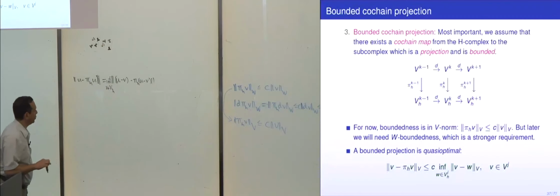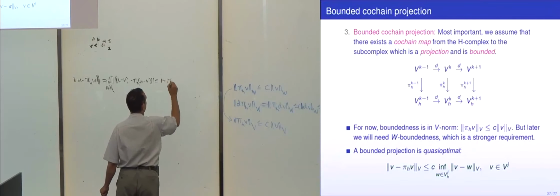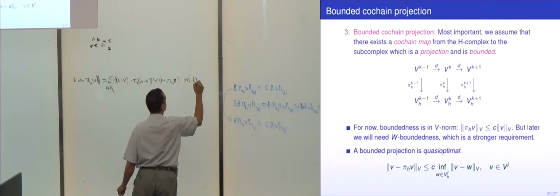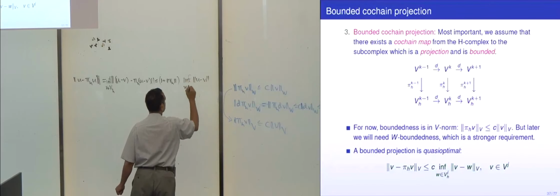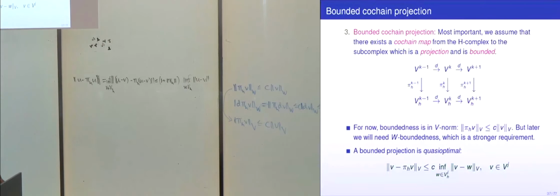And pi h is bounded, so this is less than 1 plus the bound on pi h times u minus v. So pi h always gives the best approximation up to a constant, which is the bound of the operator.